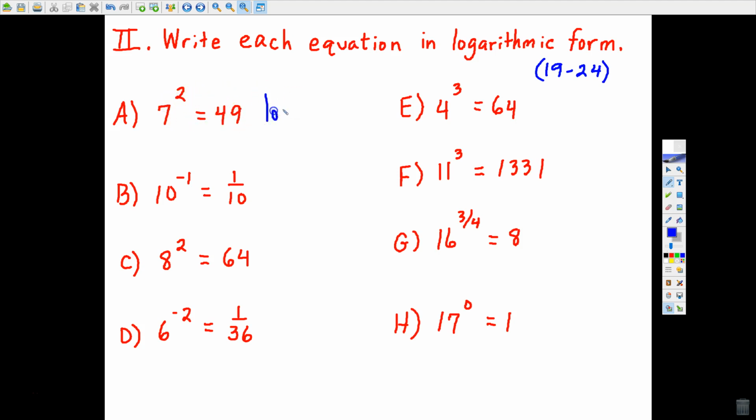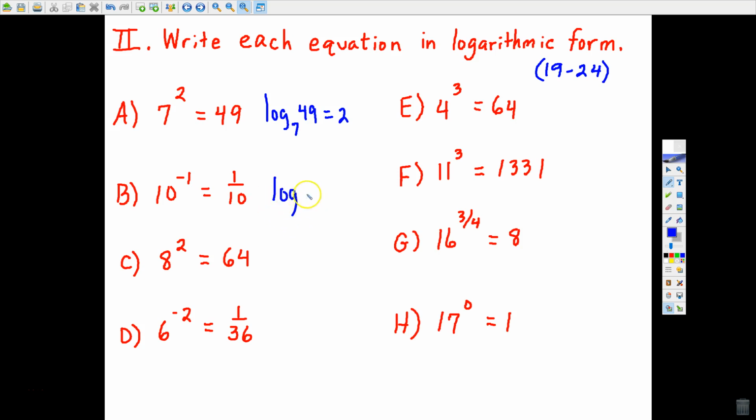Alright, so we're going to need the word log, short for logarithm. Base of 7 for the exponent, so that means the base of the log will also be 7. Log base 7 of 49 is equal to the exponent 2. Logarithms always equal exponents. Here we have a base of 10, so I'm not going to write base 10.